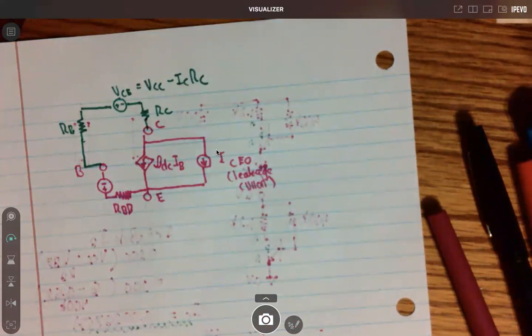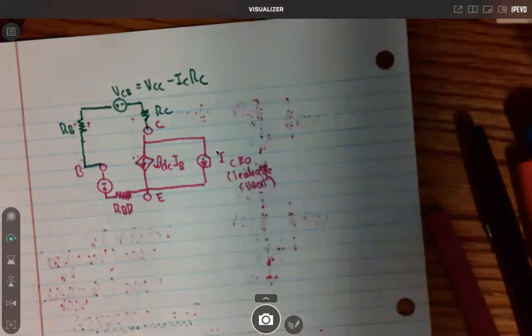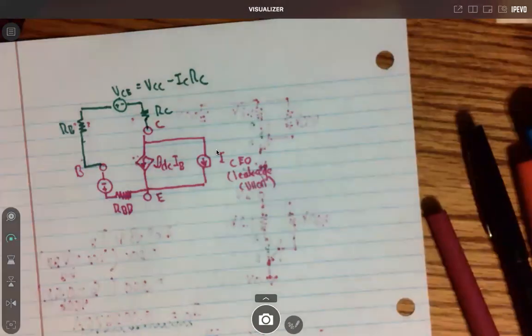Now that we have covered this regular DC model, let's get into AC a little bit. And so let's talk about the stabilized model for the BJT.